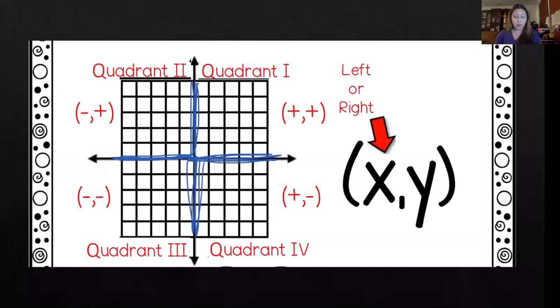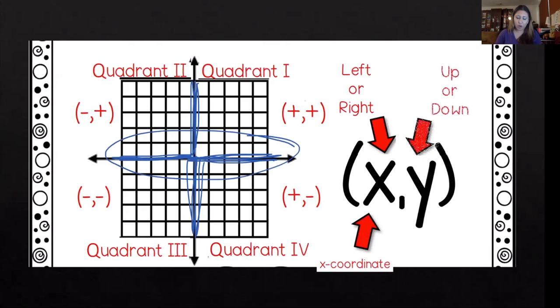So again, as a refresher for your X's and Y's, the X is the X coordinate. We're dealing with this block right here. That is going to tell you to go either to the left or to the right, depending on if it's positive or negative. For our Y, we're dealing with this block right here. That's going to tell us if we're moving up or down, depending, again, if it's positive or negative.